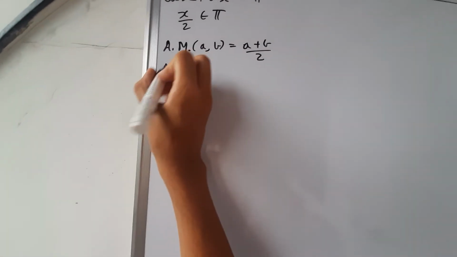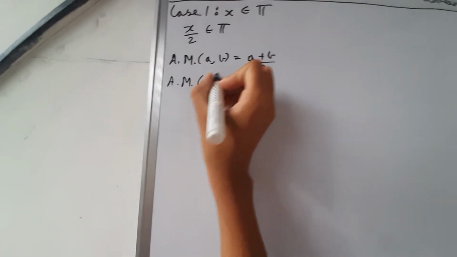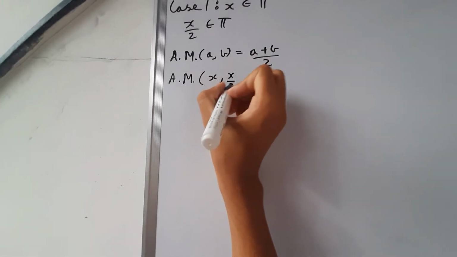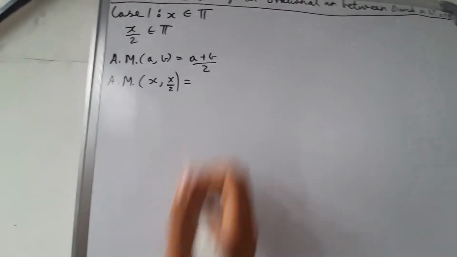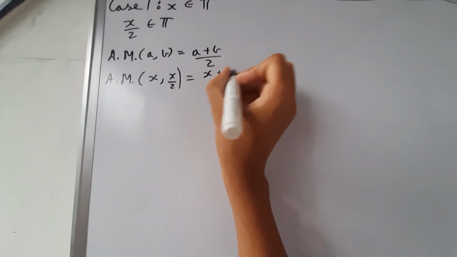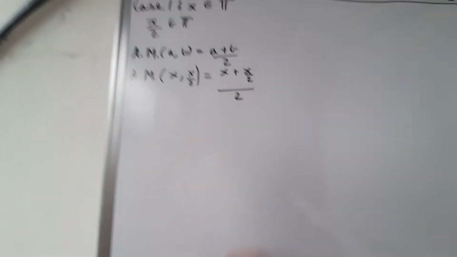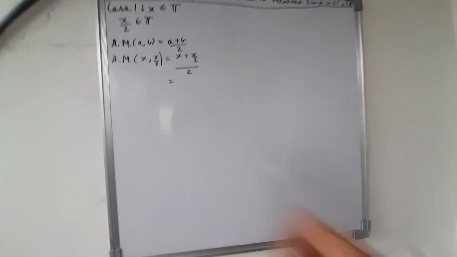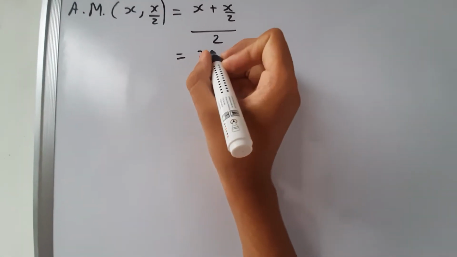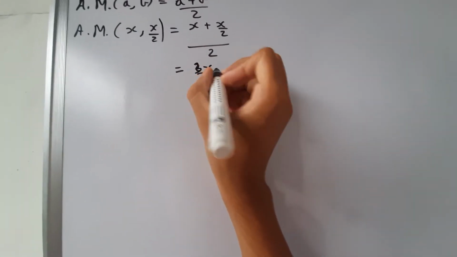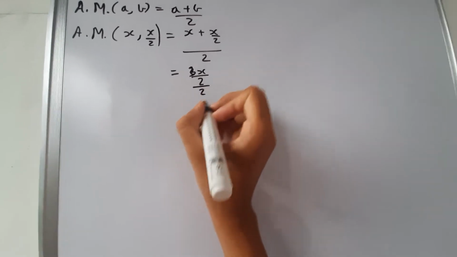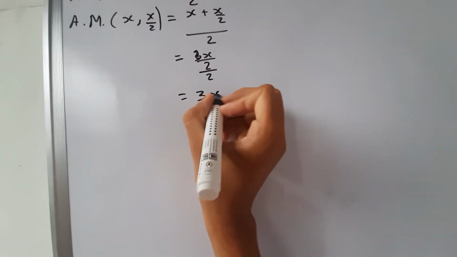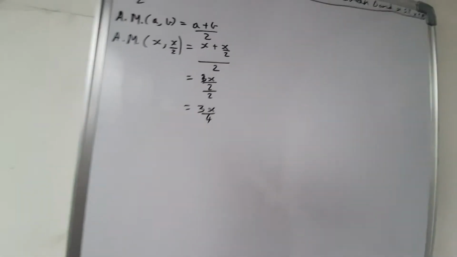So what we're going to do is take the AM of x and x upon 2. So this will be x plus x upon 2, upon 2. Of course, this is really simple to simplify. 2x plus x, that's 3x upon 2, upon 2. That's going to be 3x upon 4, right?